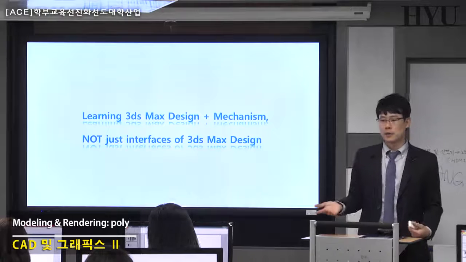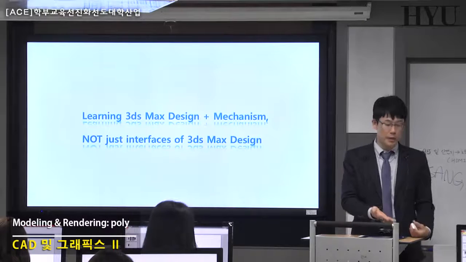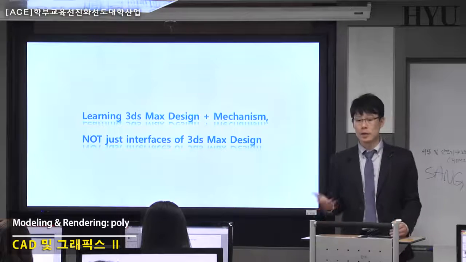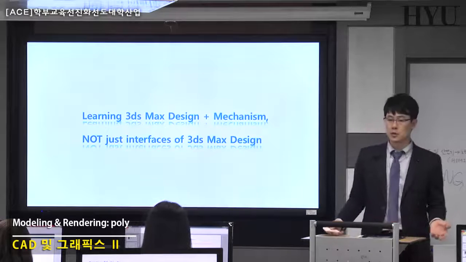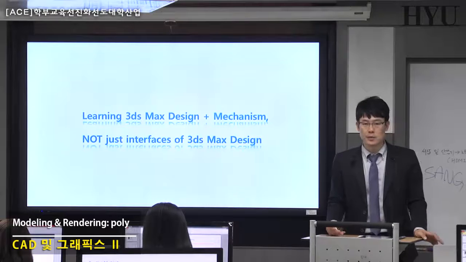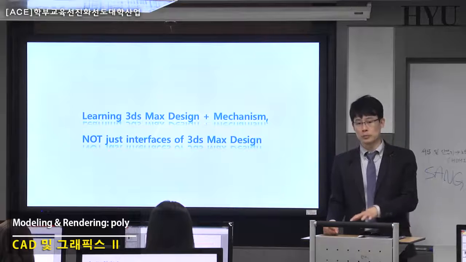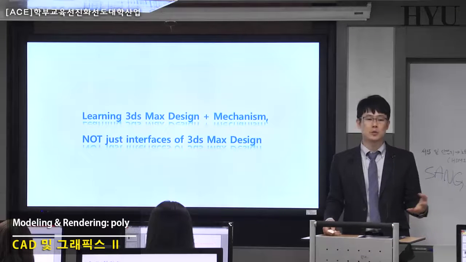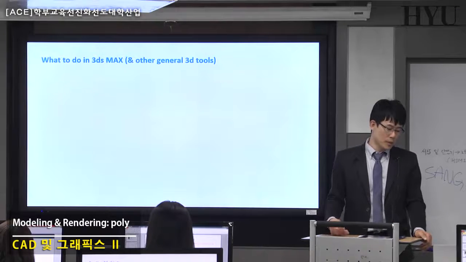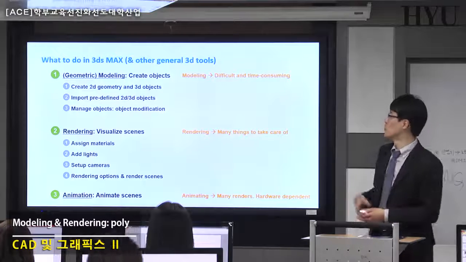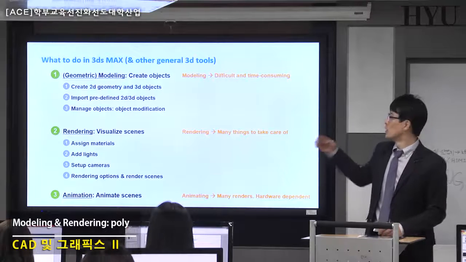What kind of modifiers exist currently, such as revolving, lathe, or some extrusion, sweeping, and so on. The terminology is different, software by software, but the mechanism is totally the same. So what you need to know is this kind of fundamental process, what you can do.